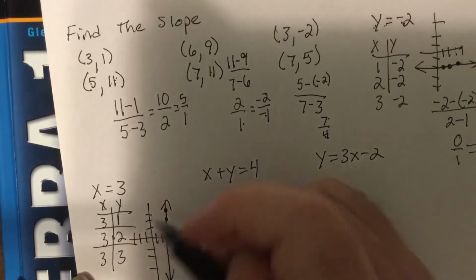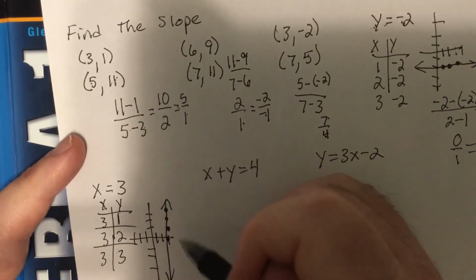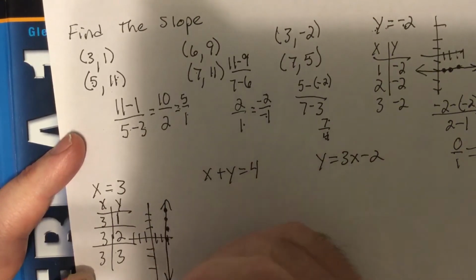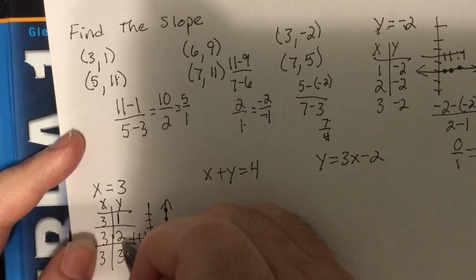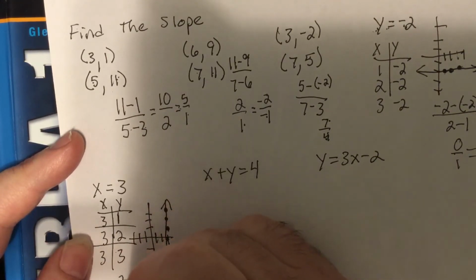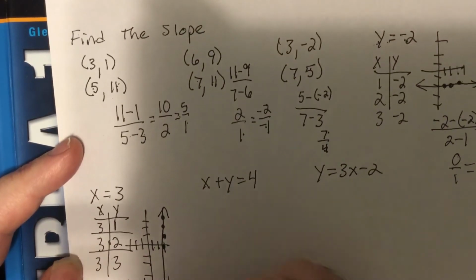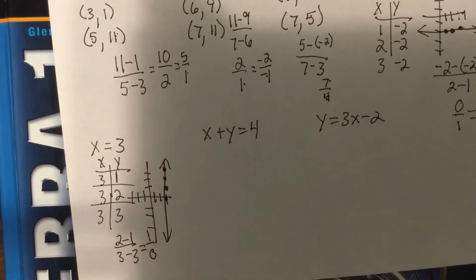Now let's find the slope. How fast are you going up is the question with slope. Or how fast are you going down? So, okay, let's see. I'm going to go 2, 3 and 1, 3, so 2 minus 1 over 3 minus 3, which is 1 over 0. Oh no! 0 on the bottom is undefined.